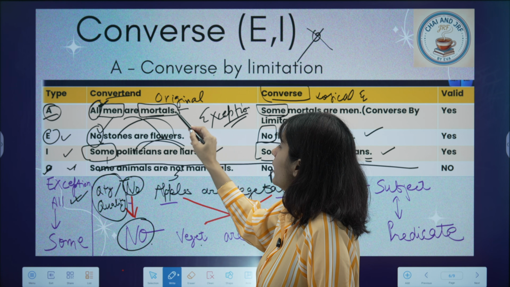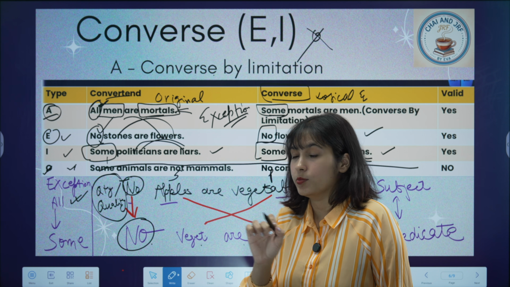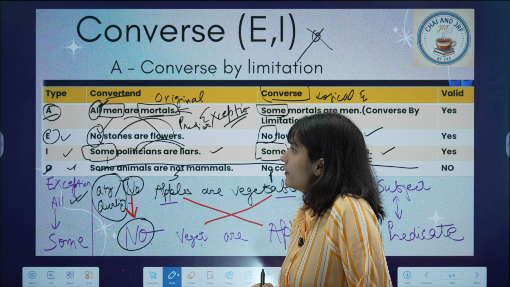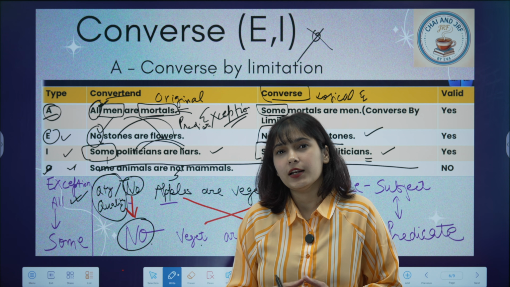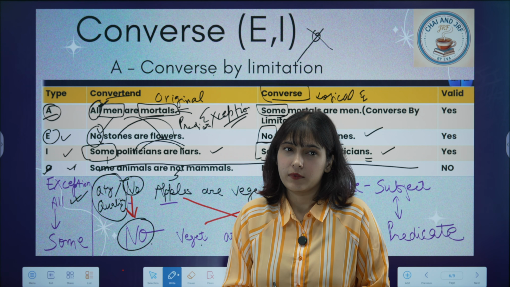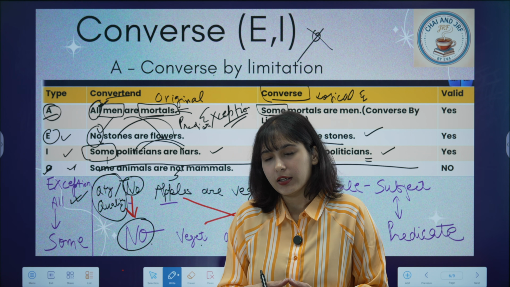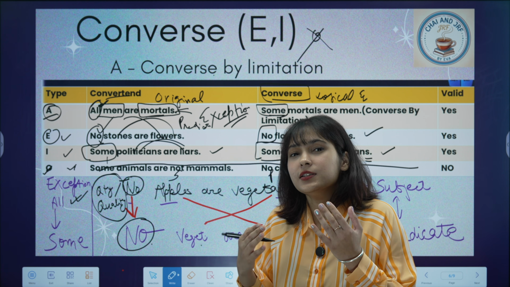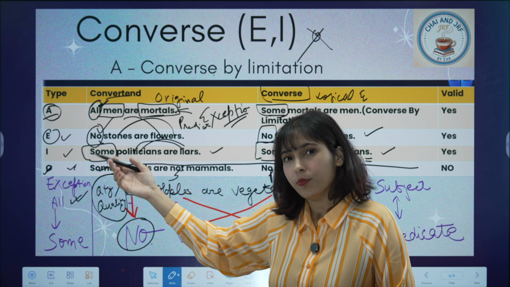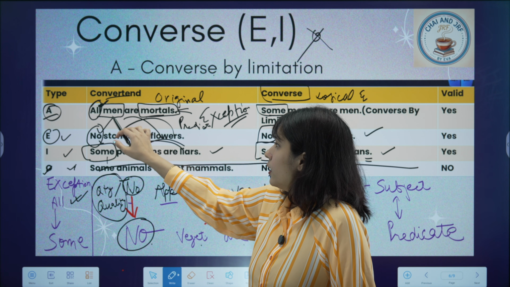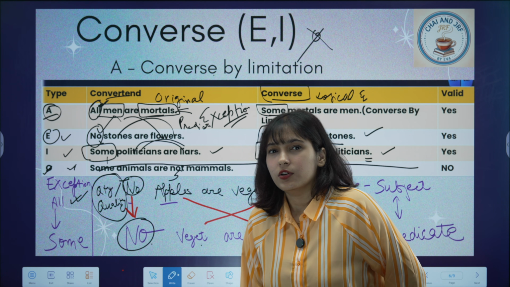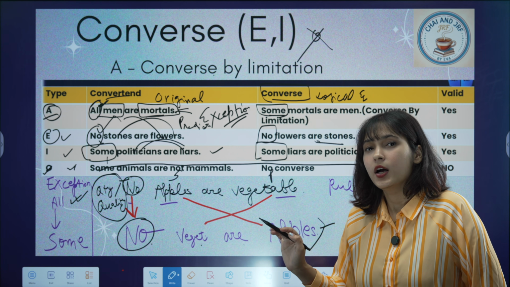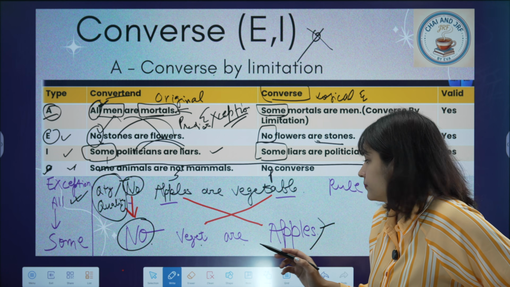Because all does not distribute our predicate. To understand it in easier language, for example, if I tell you all gold rings are jewelry, we cannot say that all jewelry is gold rings. So this is how it works. I hope you got the concept of conversion by exception. If you are not able to get it, just rewatch the video again, so you will get the concept easily.